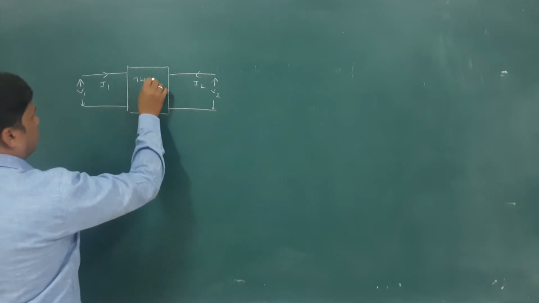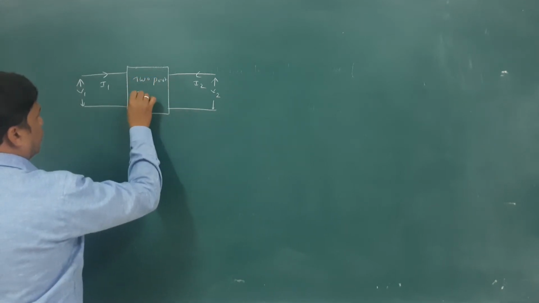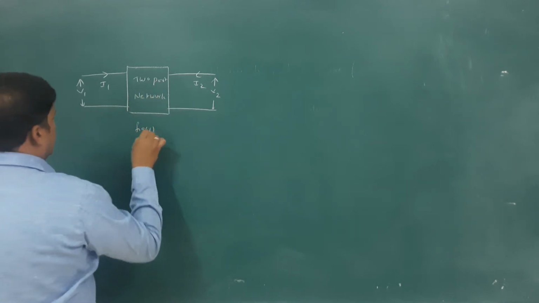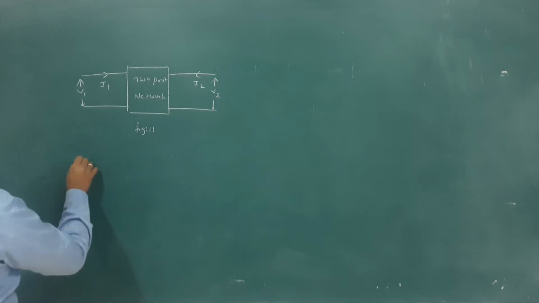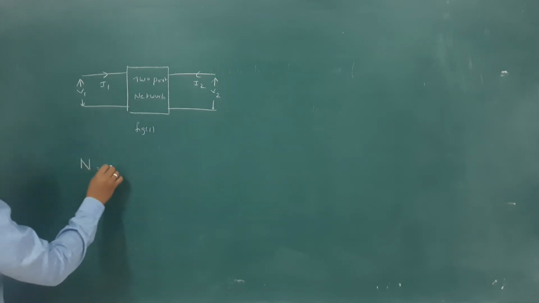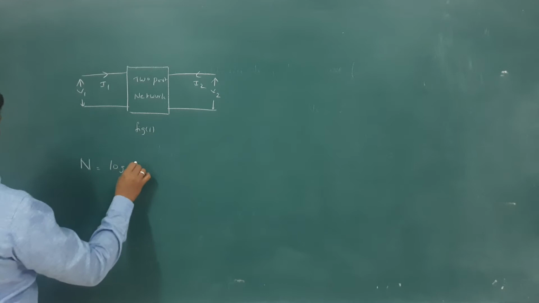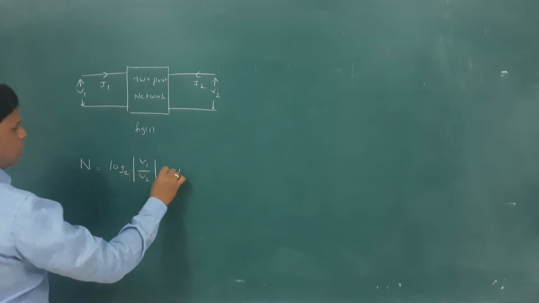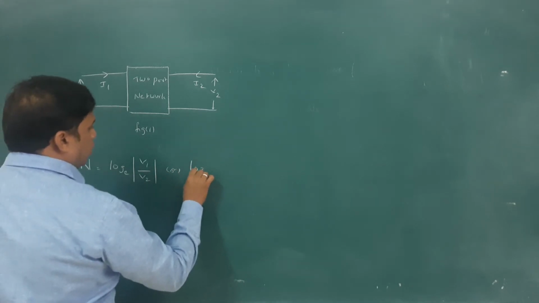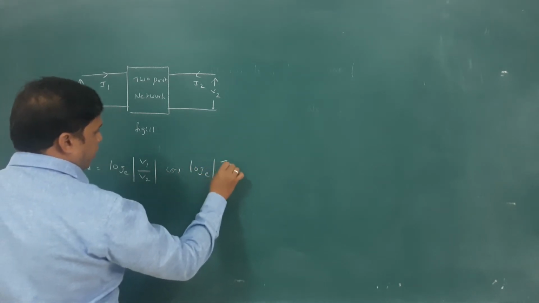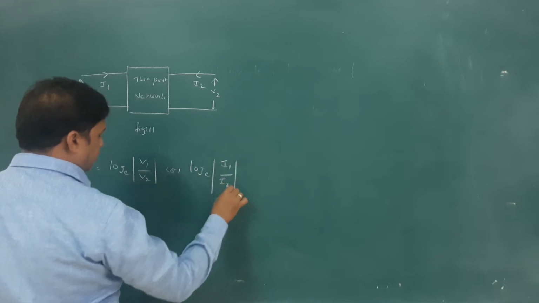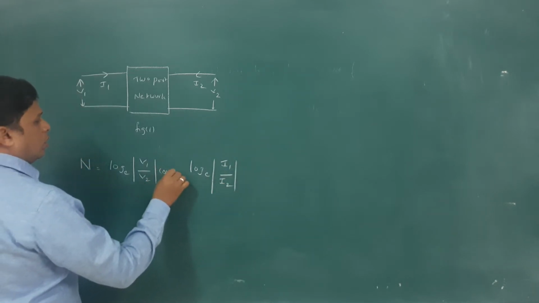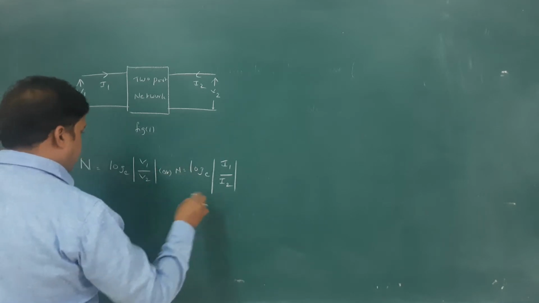We draw a two-port network. Now the Neper can be expressed as N equals natural logarithm to base e of the modulus of V1 by V2 ratio, or log base e I1 by I2 also we can write. N equals log base e I1 by I2.